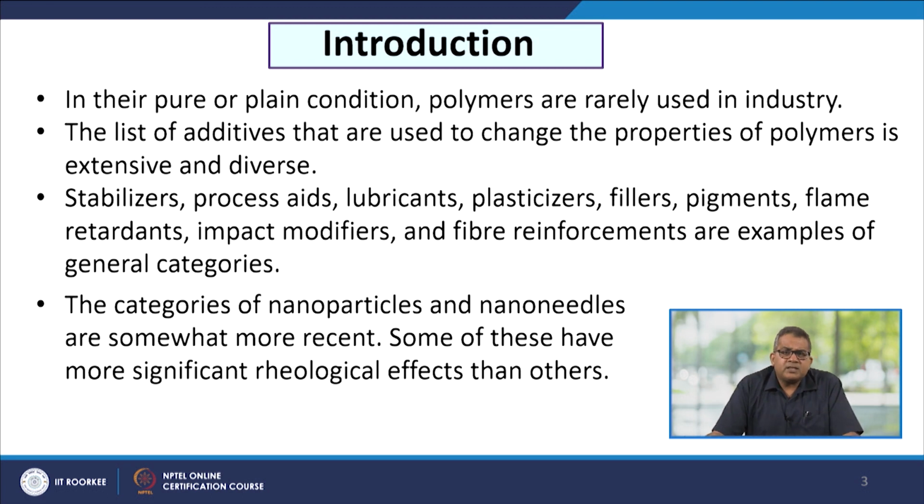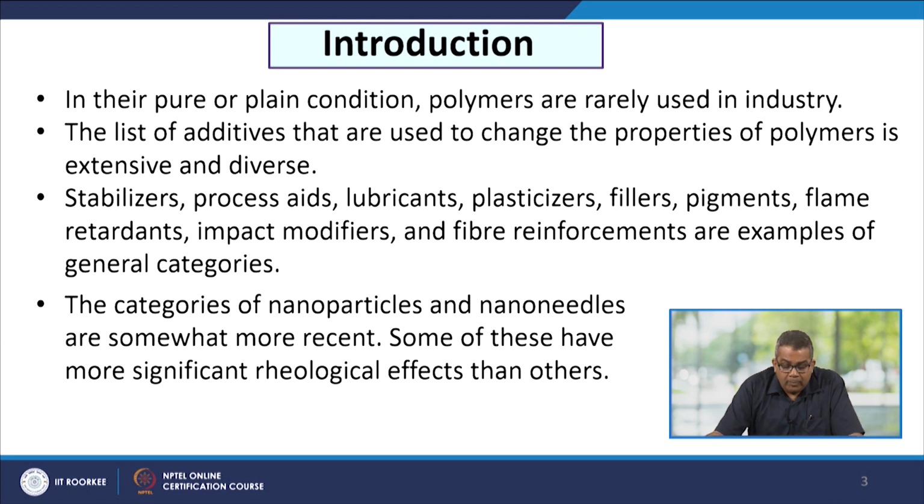Now, these stabilizers are sometimes process aids and sometimes lubricants, sometimes fillers, pigments, sometimes flame retardants to impart flame retardancy, some impact modifiers. And apart from this, fiber reinforcements are the best example of these kinds of things.